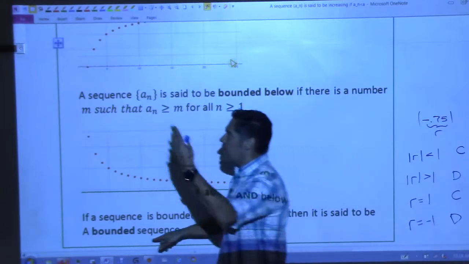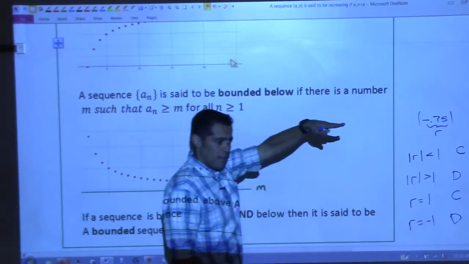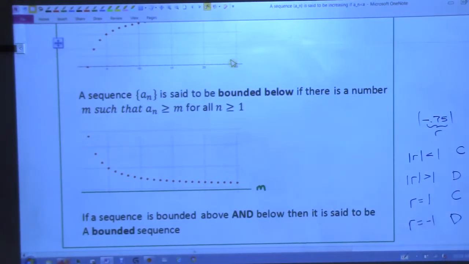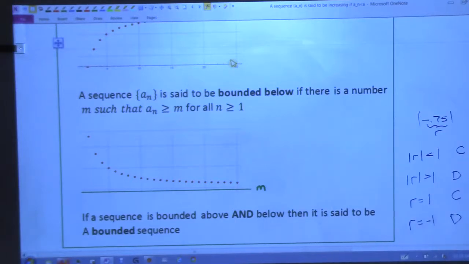So if I say, hey, we've got this bounded sequence, what I'm telling you is that it's got a ceiling and a floor, okay? Not one or the other, both. With me? Like sine of n. It's bounded above and below, right? So sine of n is a bounded sequence. Now it diverges, but it's a bounded sequence. Agreed? Sine of n is a bounded sequence that is divergent.